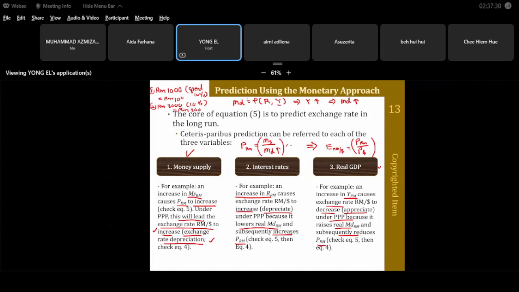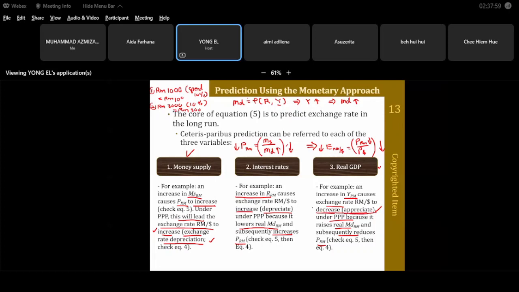Yes, okay, thank you, Diana. The value here will become smaller, meaning the price decreases. And when the price in this ratio decreases, the overall ratio also decreases. The exchange rate decreases. The decrease in the exchange rate means appreciation right here.